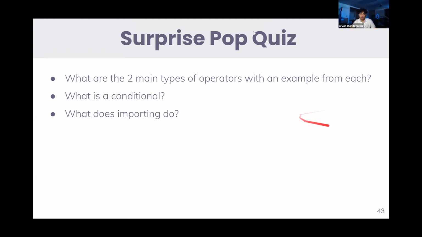So can anyone tell me, this is from earlier in the lesson, what the 2 main types of operators are and give me an example from each? It's okay if you're wrong. Don't worry about it. That's how we learn.